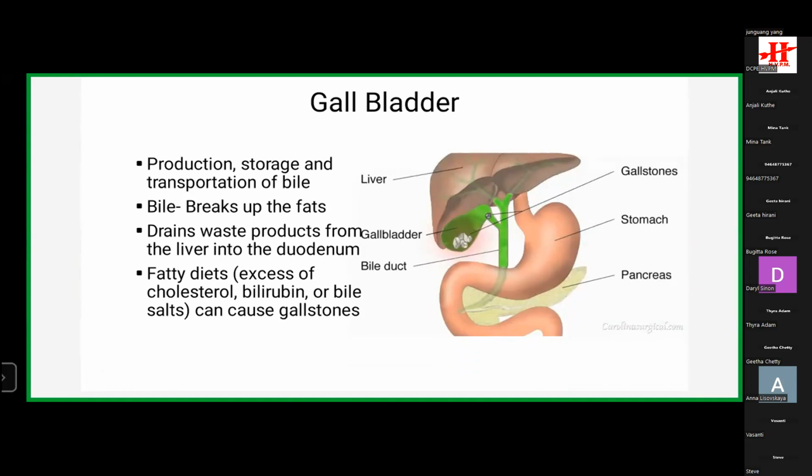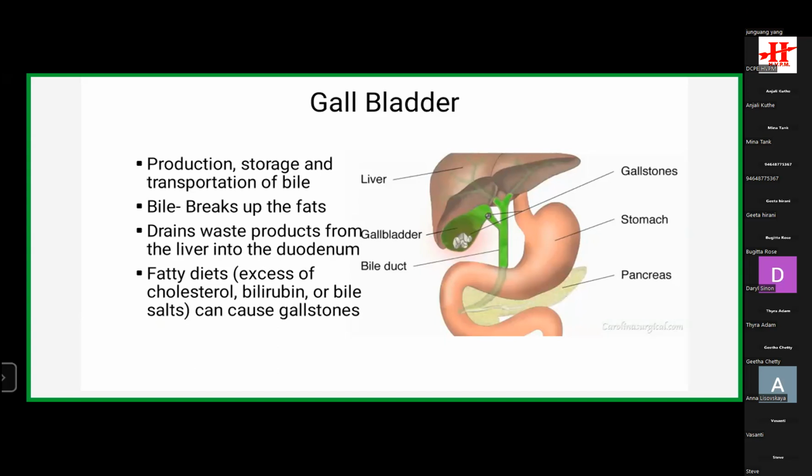Liver cells form the bile, and this bile is stored in the gallbladder. And bile is important for the digestion of fat. Bile is a mixture of cholesterol, bilirubin, and certain bile salts.